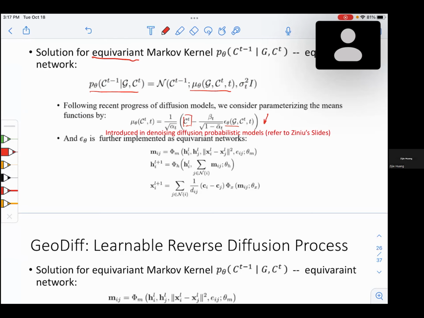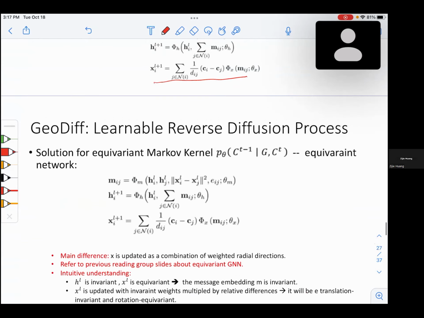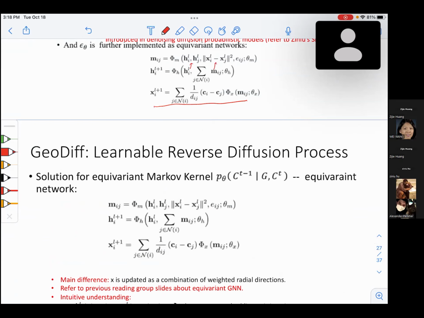The implementation that they choose for this epsilon theta is based on the equivariant graph neural network, where the key difference compared to other GNN architectures is that the message passing part is not only associated with latent node features, but also with the pairwise distance functions between their coordinates.